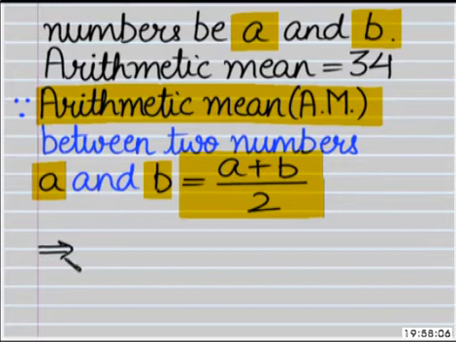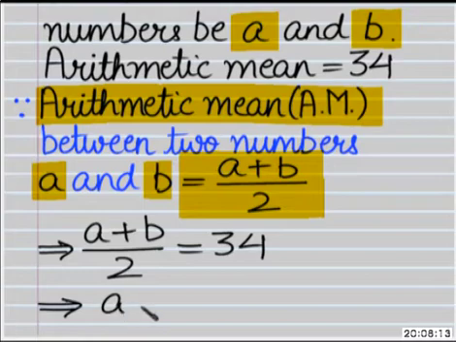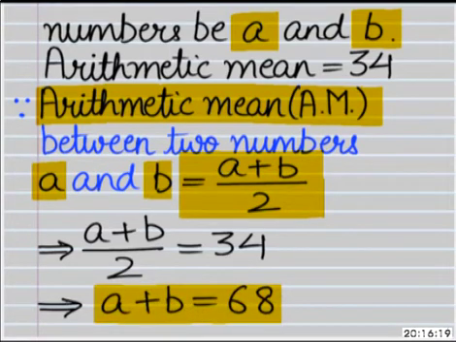So this implies A plus B whole divided by 2 is equal to 34, which implies A plus B is equal to 68. Let this be equation number 1.